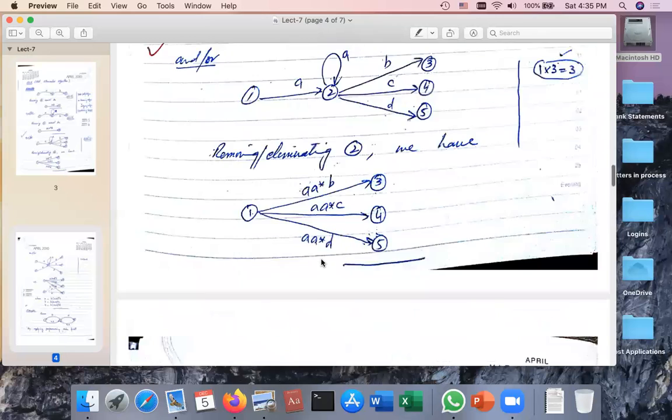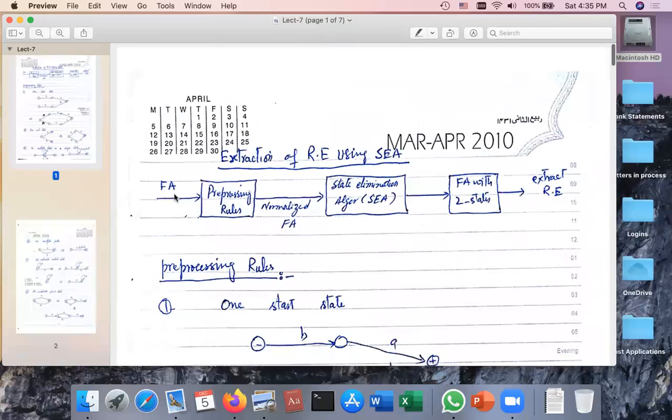So now we have seen FA with pre-processing rules and a state elimination algorithm. What is the state elimination algorithm? You have seen that you can remove some state, but you have to see the incoming edges and outgoing edges, and then after multiplying, you will get some answer. That is the number of edges that you have to introduce in your next FA.